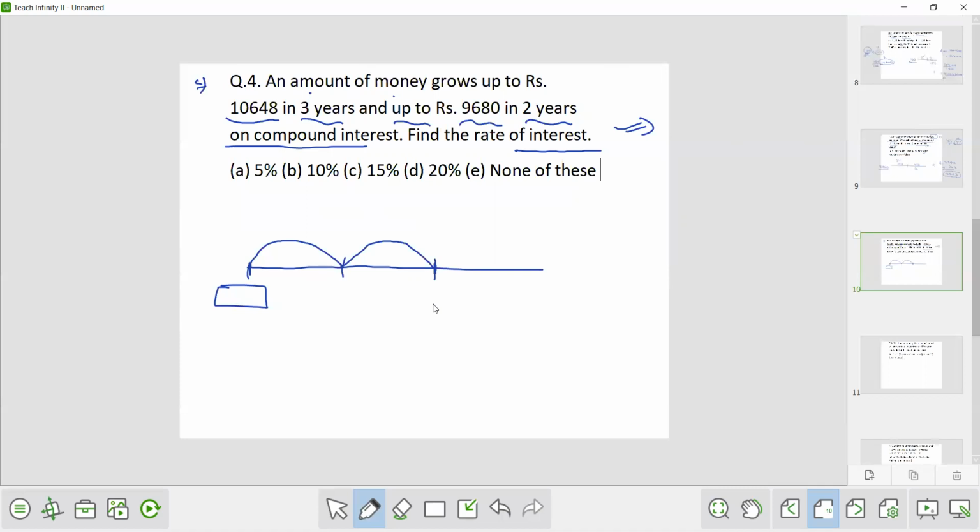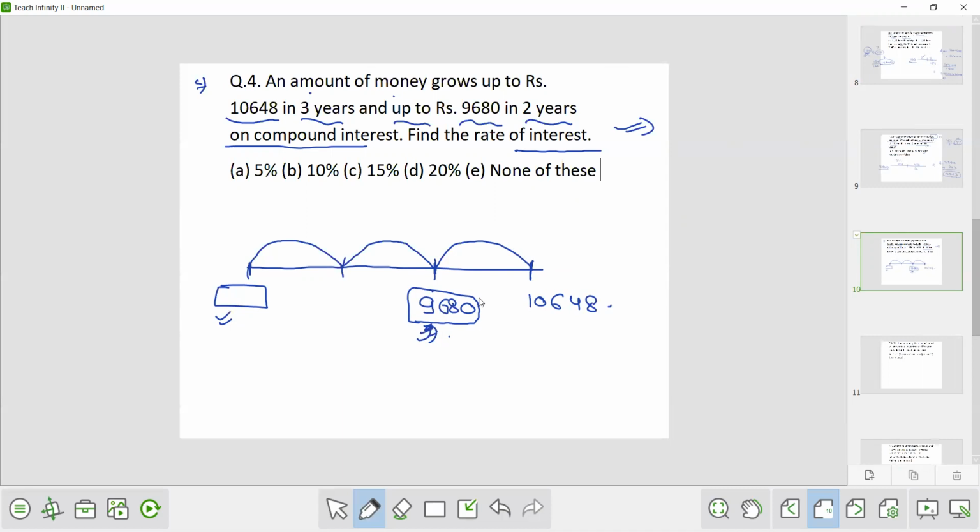Now here it is given that this principal has become this amount at the end of 2 years. So this amount is the principal for the next year, and this principal has grown up to 10,648 for the third year.